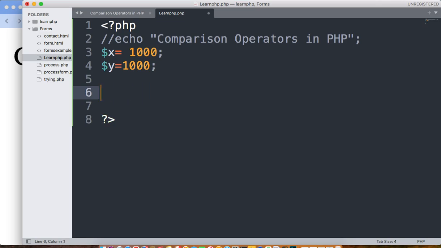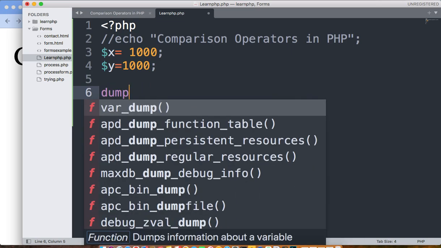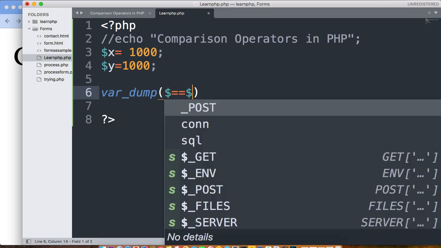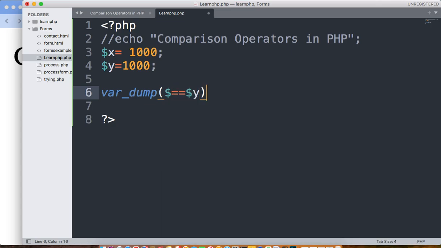For us to know that, we have to use the var_dump function. Then, in between the parentheses, we give the expression, x is equal to y. Remember, this is how you use the equal sign in PHP: it's a double equal sign.